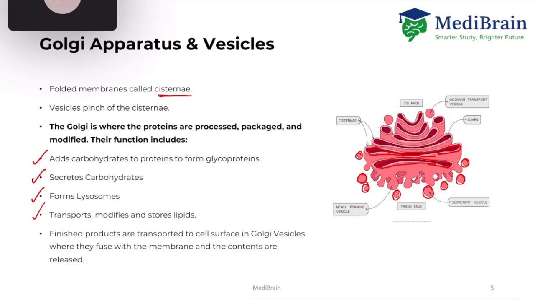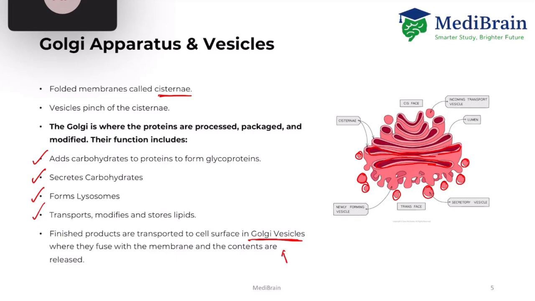And then finally, once the Golgi apparatus has done processing, packaging, and modifying the protein which has come in from the ribosome and the rough endoplasmic reticulum, it will then transport that protein to the correct place through these vesicles. It will put the processed protein into one of these vesicles, and then these vesicles will be transported to the correct cell so they can fuse with the cell membrane and release the contents.